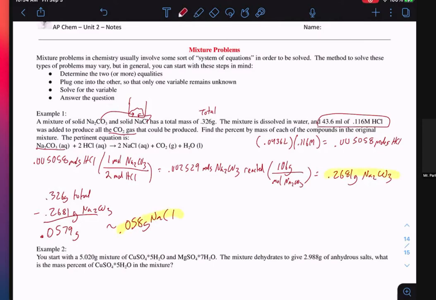To find the percentage, 0.058 over 0.326 times 100%. It's about 17.8.